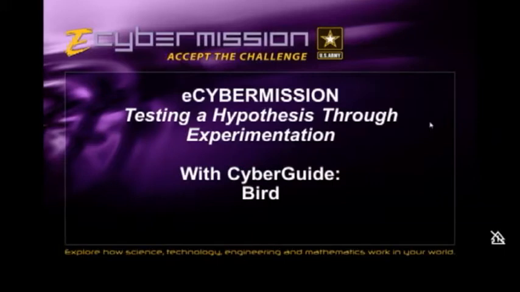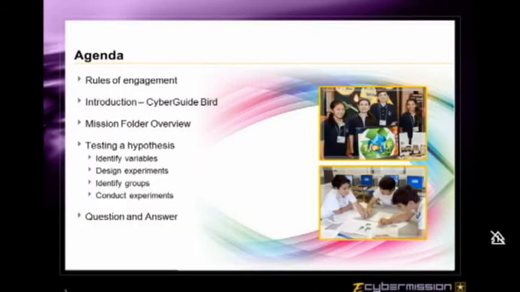The purpose of today's webinar will be to discuss testing your hypothesis through experimentation. In today's session, Cyber Guide Bird will be joining us, and he will cover the necessary elements to test your hypothesis.